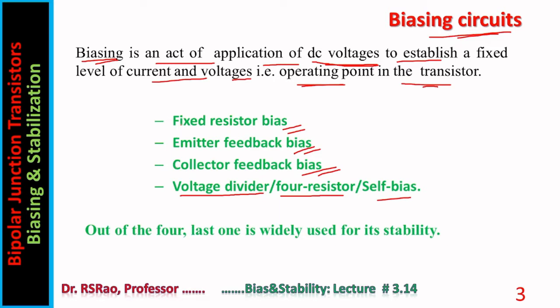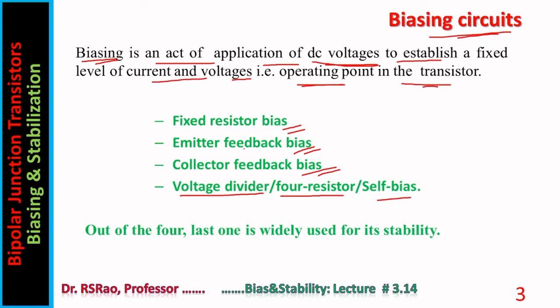As we move from fixed resistor bias to voltage divider bias, we can notice certain increase in the complexity, more number of components one can find in the bias circuit.